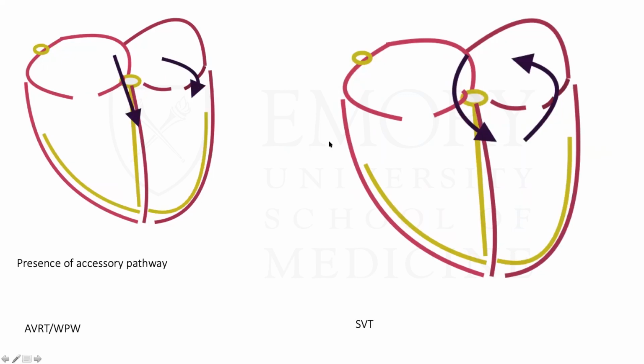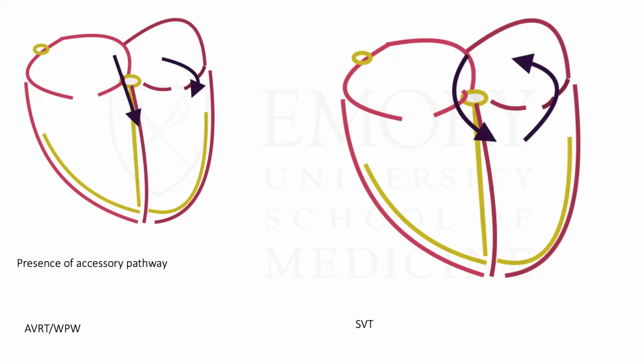And then lastly, with WPW or AVRT, AVRT is the better phrase for it. WPW is when you have evidence of pre-excitation on EKG, and WPW syndrome is when you have a WPW pattern plus tachycardia, but AVRT is the more encompassing term, and it relies on the presence of an accessory pathway.